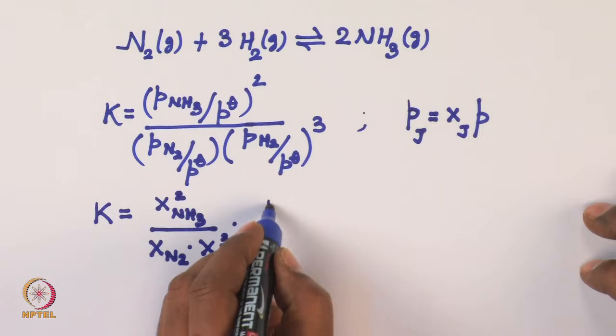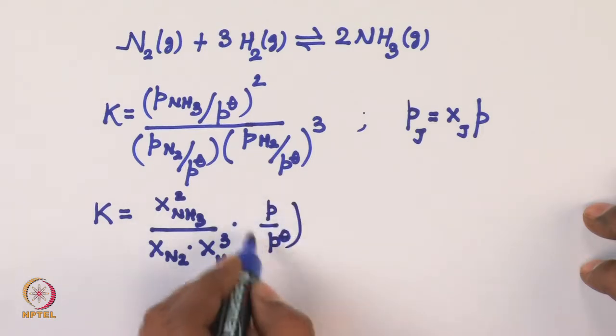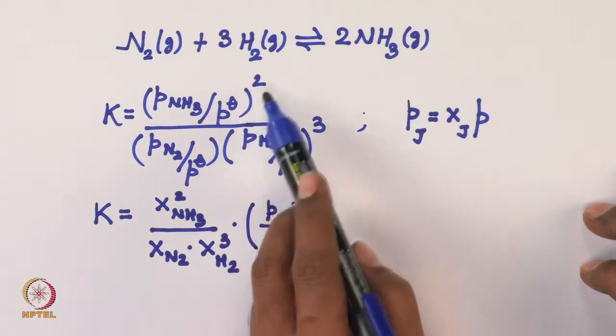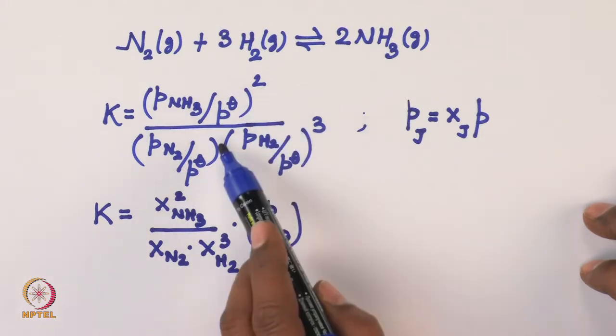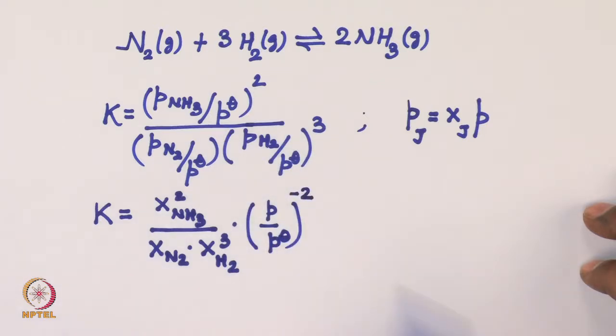So, it will be P by P naught raised to the power 2 minus 1 minus 3, that is 2 minus 4, is minus 2.